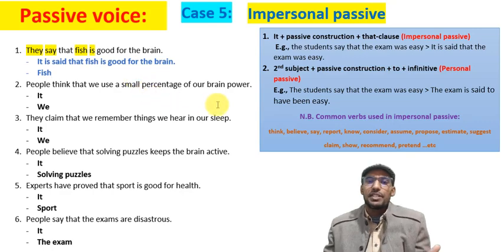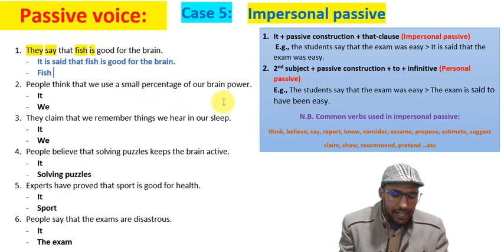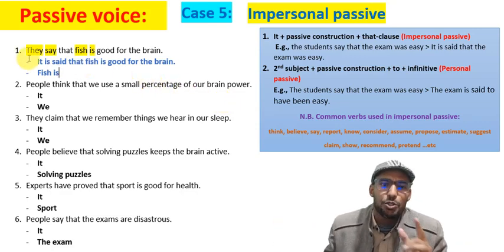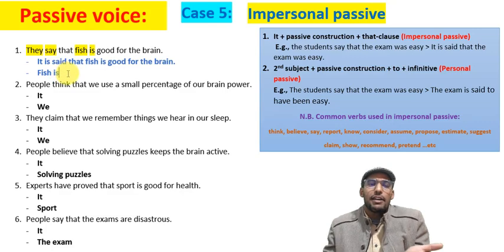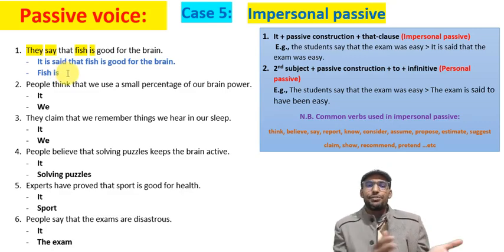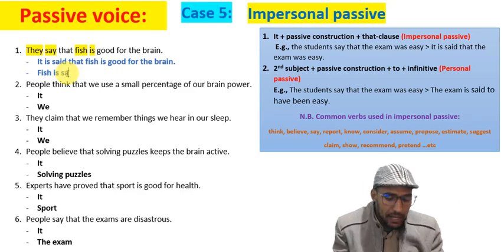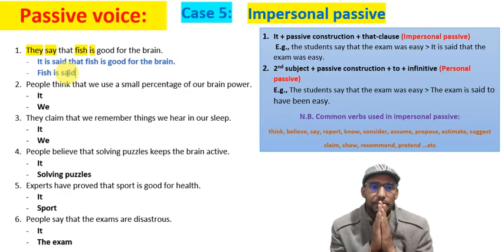So if we start this way, again, no matter what the case is, we have to put the verb to be in the same tense as the active verb. Say is in the present, so I say the verb to be is. Fish here is uncountable singular, so I say is, plus the past participle of the first verb, say: said.